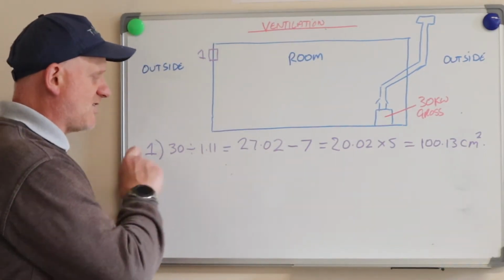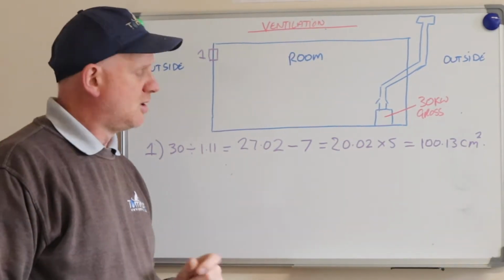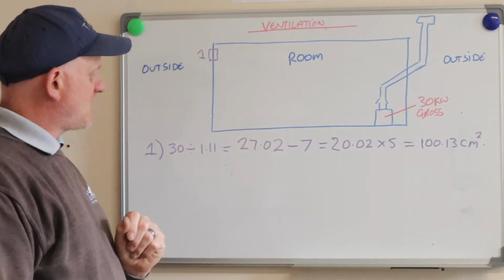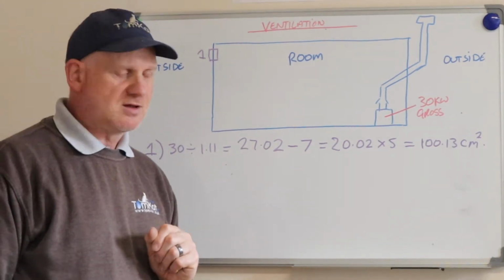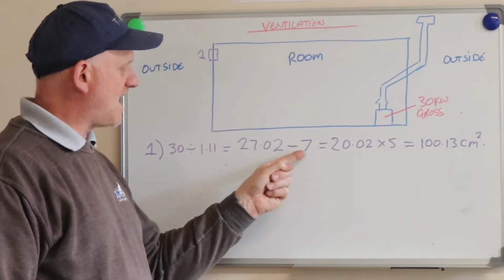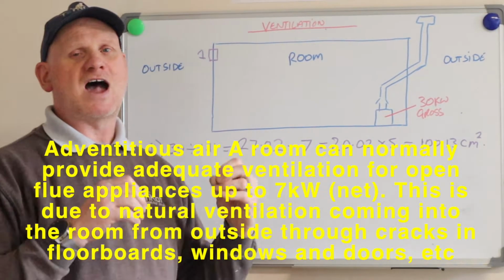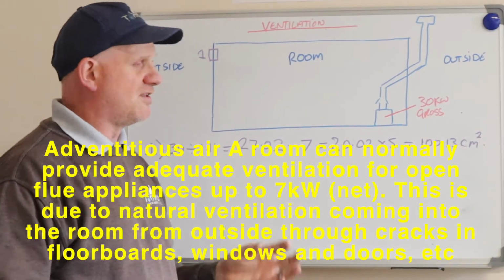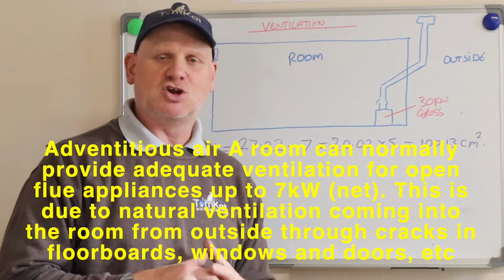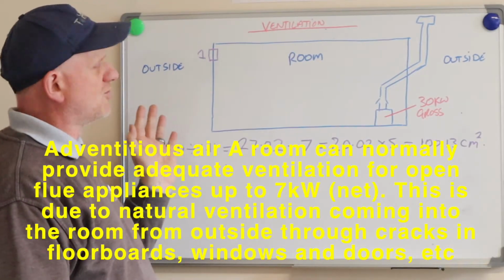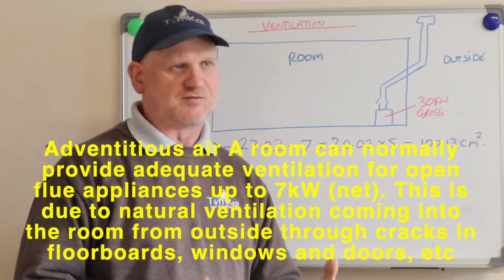So 30 divided by 1.11 comes out at 27.02. Then we can minus 7. We can minus 7 for adventitious air, and that is the air that naturally occurs in a building. So it comes in via windows, doors, through floors.